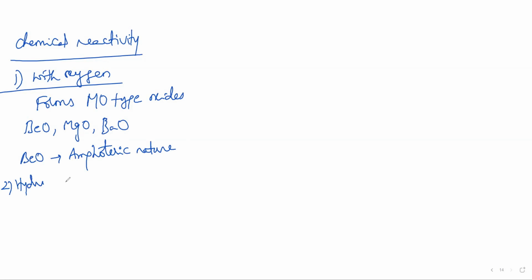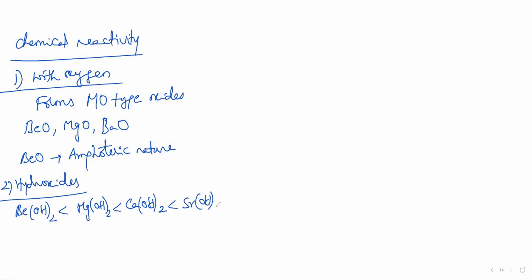Hydroxides. What are hydroxides? As usual, down the group, basic nature of hydroxides increases. That means beryllium hydroxide is less basic than magnesium hydroxide, which is less basic than calcium hydroxide, which is less basic than strontium hydroxide, less than barium hydroxide.